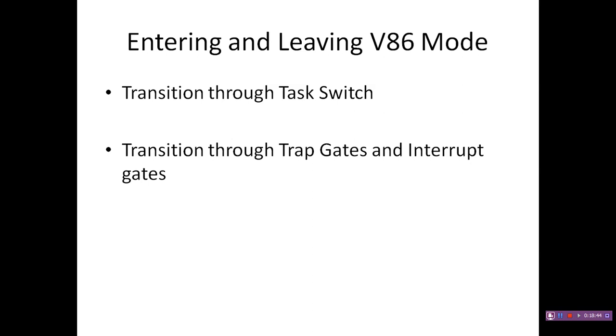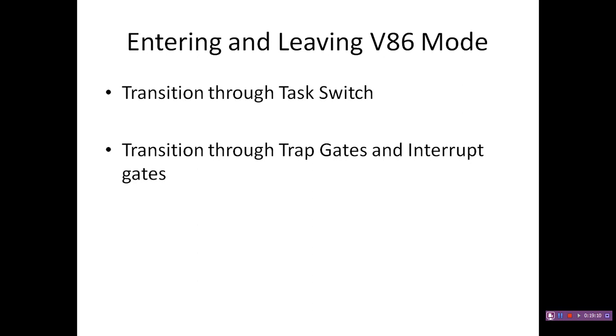An 8086 program in a V86 task will have an 8086 style interrupt table starting at linear address 0. But in V86 mode, the processor does not use this table directly. For all exceptions and interrupts that occur in V86 mode, the processor vectors through the IDT.